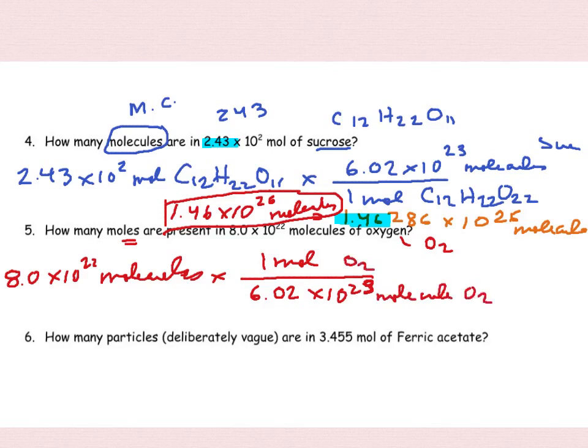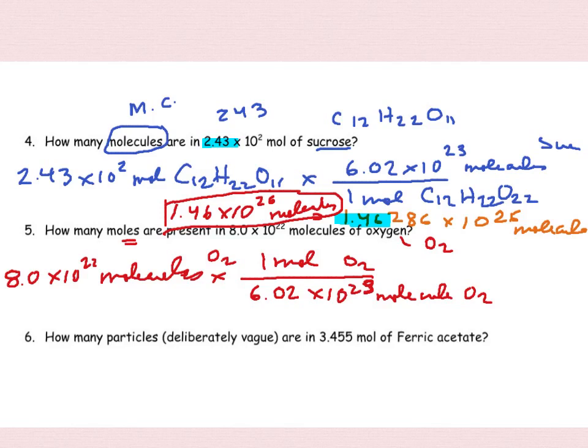So mathematically on your calculator, you're going to plug it in. You're going to anticipate that it's slightly more than 1 mole, but not by much. No, I'm wrong. Less than a mole because its exponent is 22 and not 23.